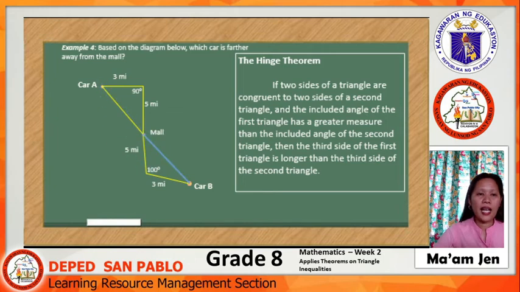So this side is greater because 100 degrees is greater than 90 degrees. So, car B is farther away from the mall.